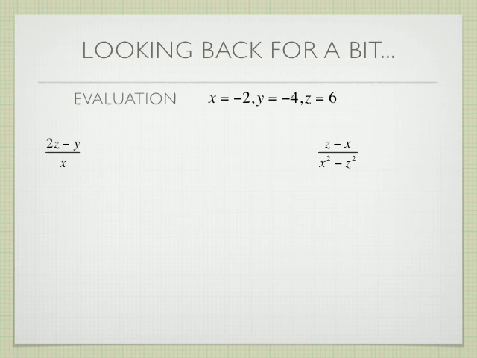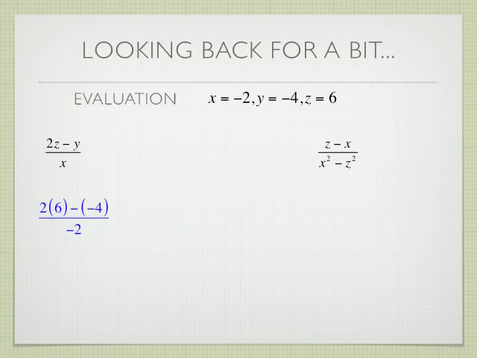Okay, some more evaluation examples. If we have, this time x is negative 2, y is negative 4, and z is 6. Remember, when you substitute in, it's safest always to substitute in with parentheses. So my 2 is still there. My z was 6, so I put it in parentheses and put it in. My y was negative 4, I put it in parentheses and put it in. My x is negative 2, I can put it in parentheses if I want to.